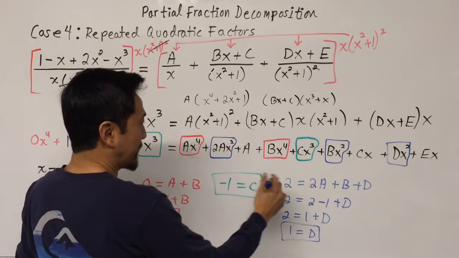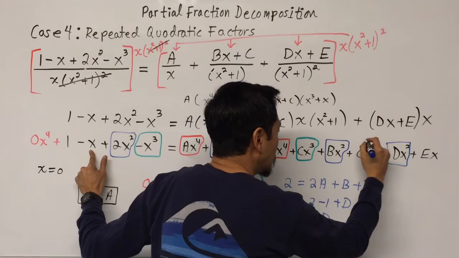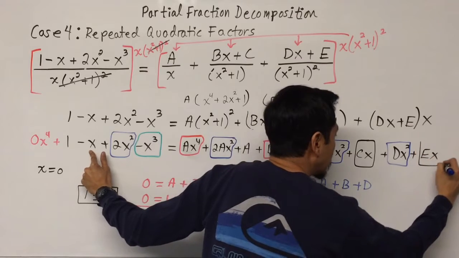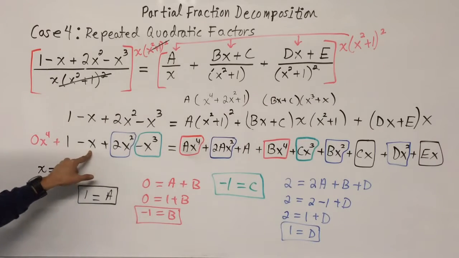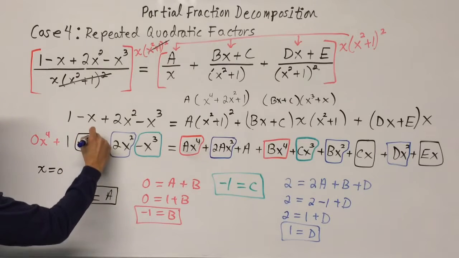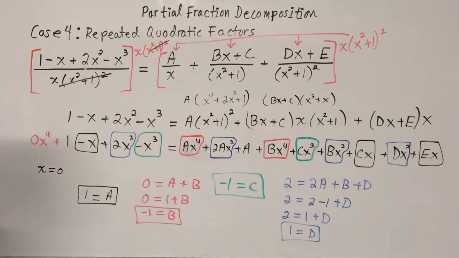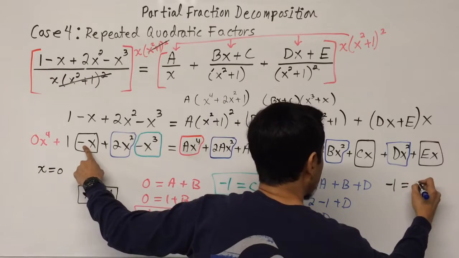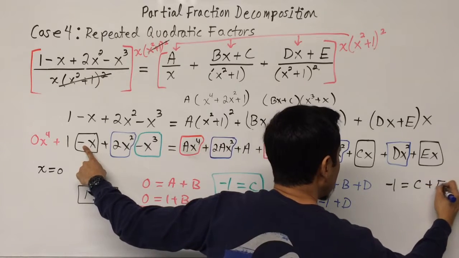the x terms on the right, this cx and that ex have to add up to this 1x on the left. Okay, so that gives me what? -1 is equal to c plus e.